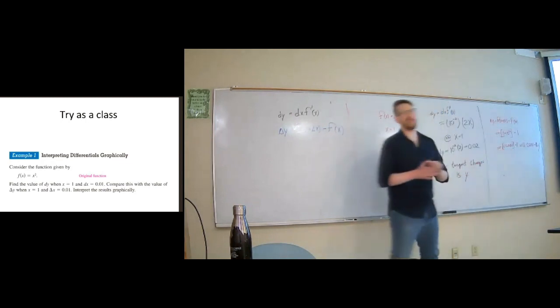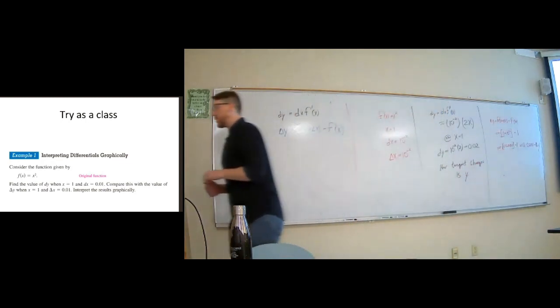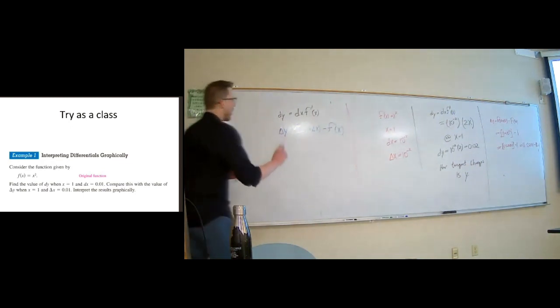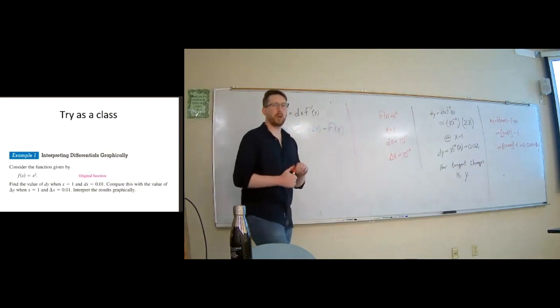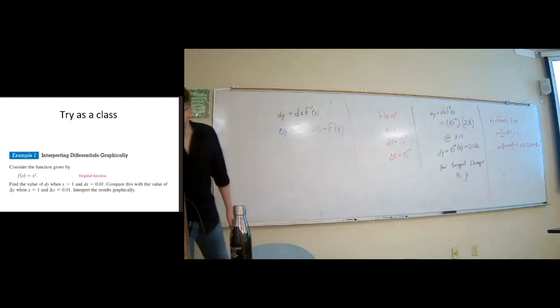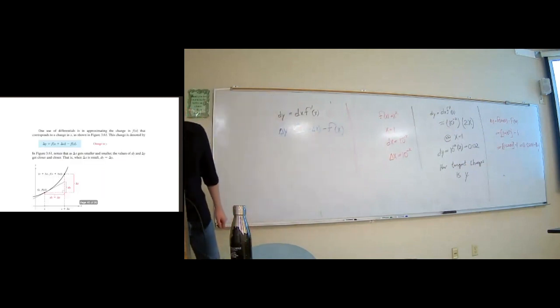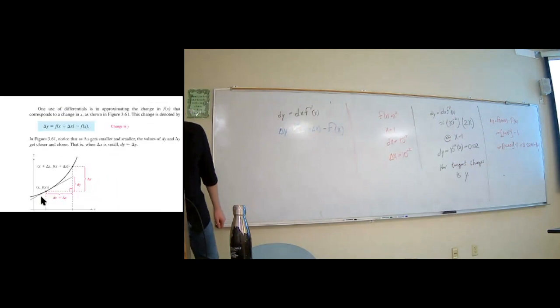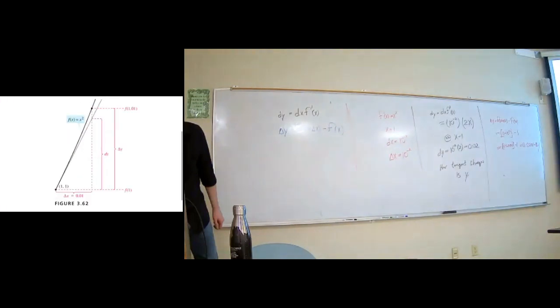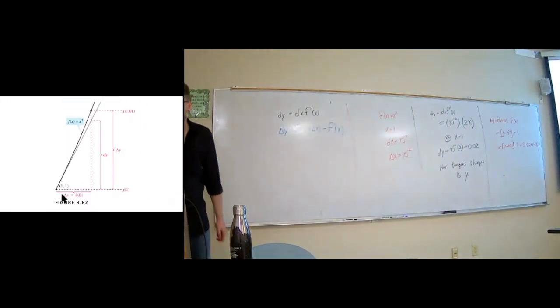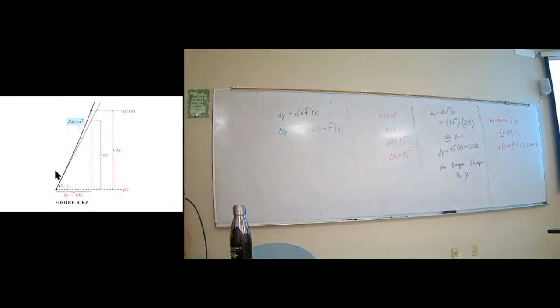So what this is telling us is that on the scale of changes, when we change in our x-axis by about 0.01, that's not the same function. Here we go. This is the graph of x squared in black, and this is the tangent line in gray.